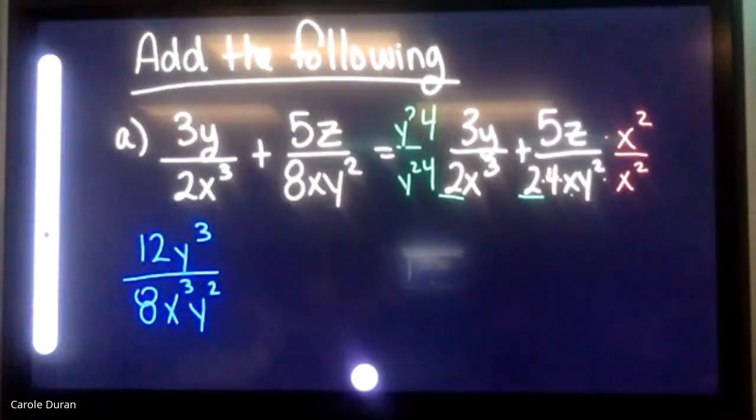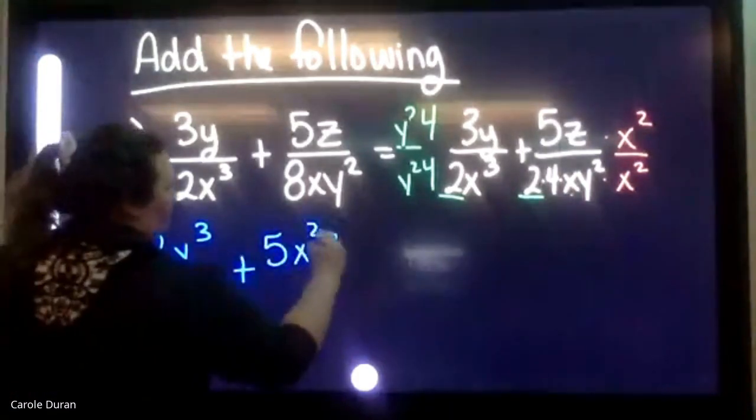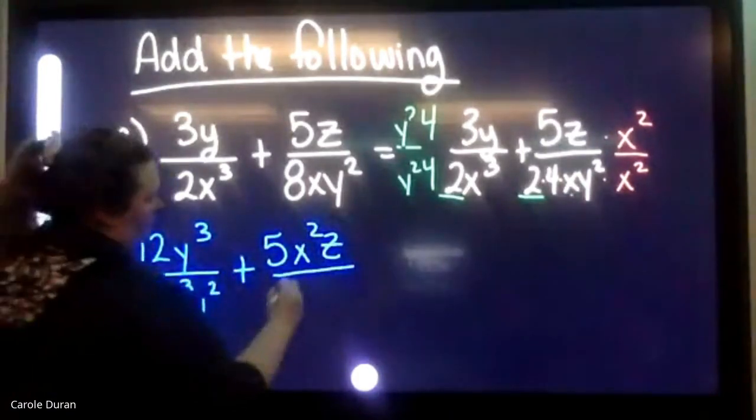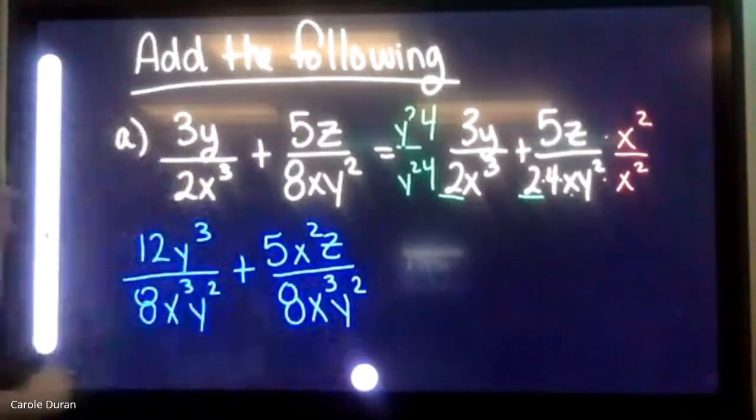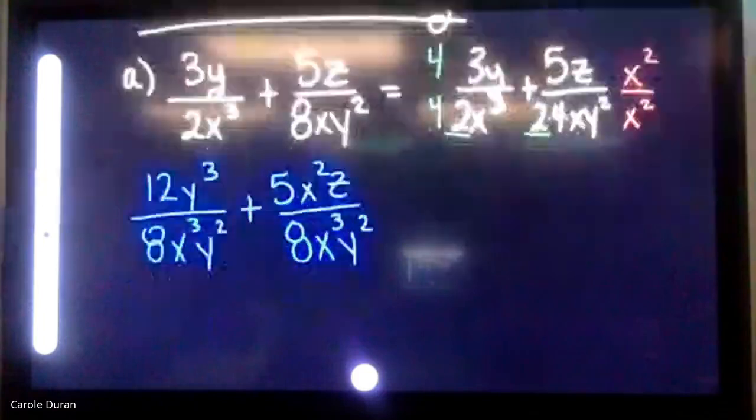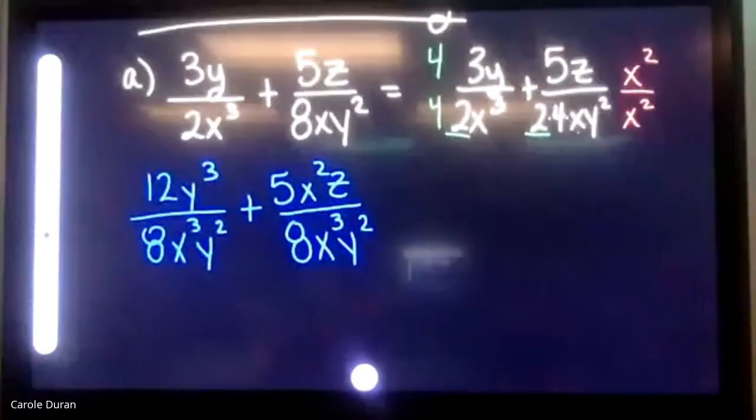I do the same thing with my second set of fractions. And I get 5x squared z over 8x cubed y squared. I'm going to pause here just so you can see how that worked out. And then we'll finish simplifying.